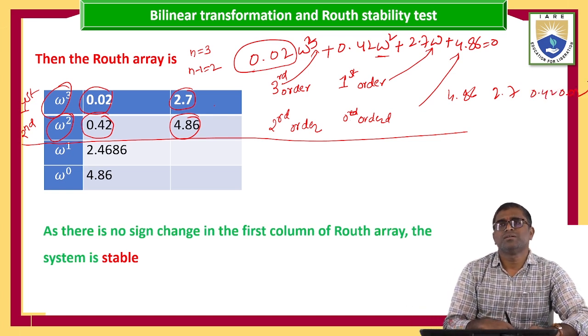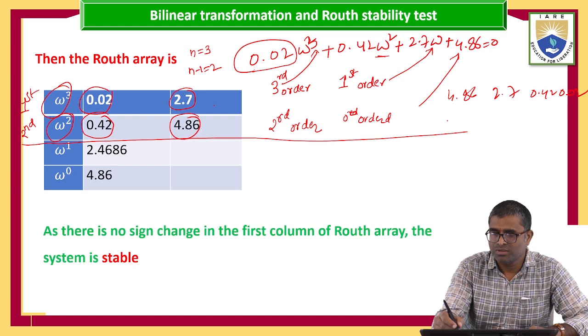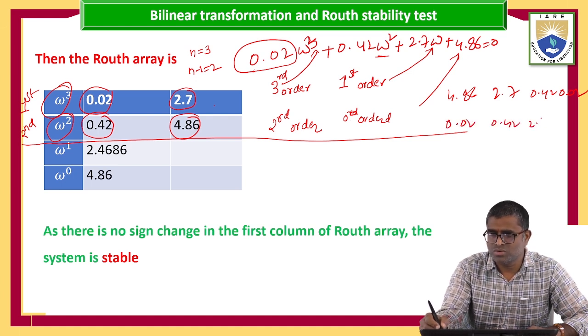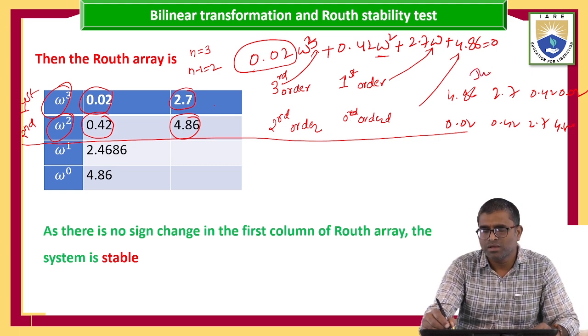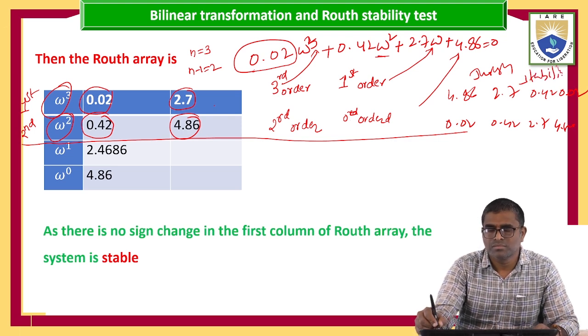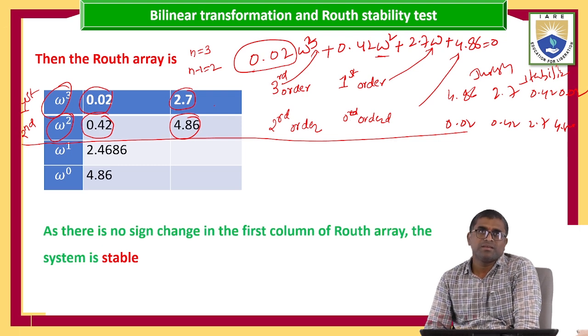This is your first row in the Jury stability. What is the second row? The reverse of this one: 0.02, 0.42, 2.7, 4.86. This is the method we already saw in previous sections.